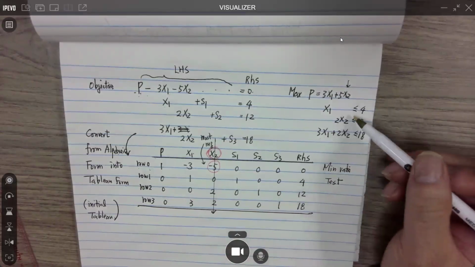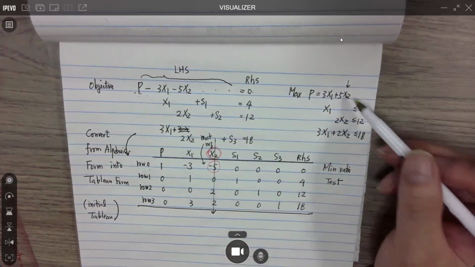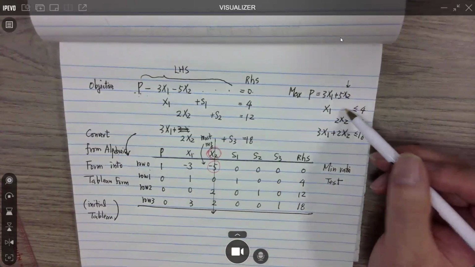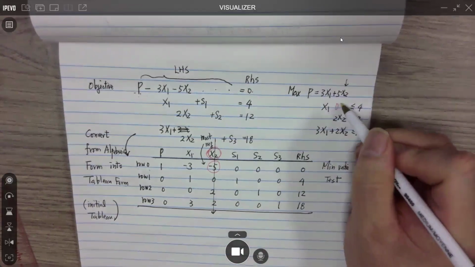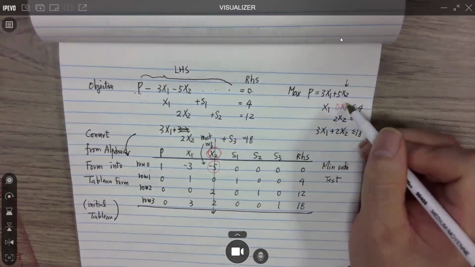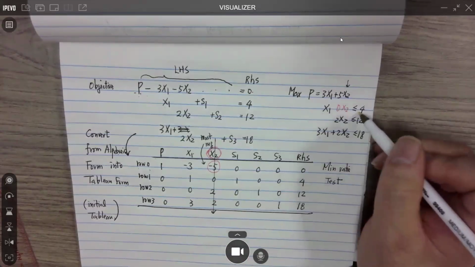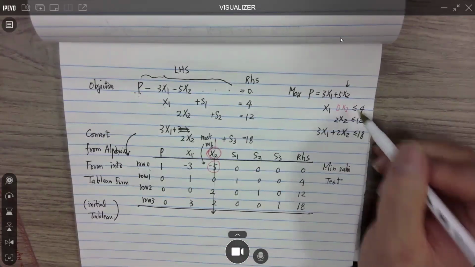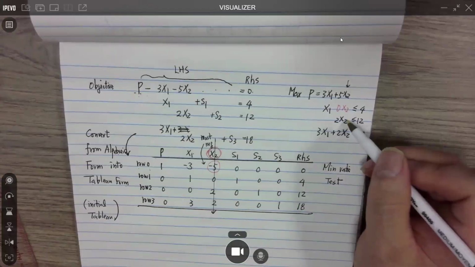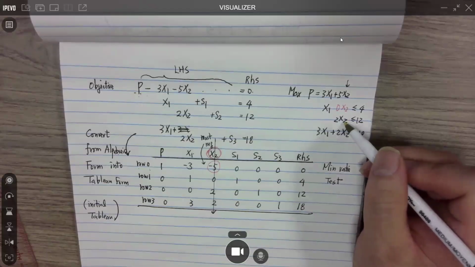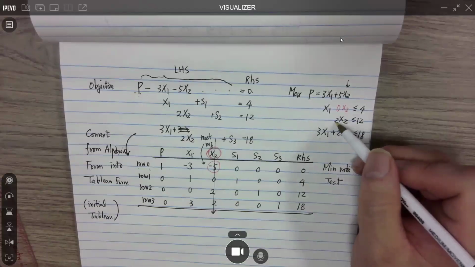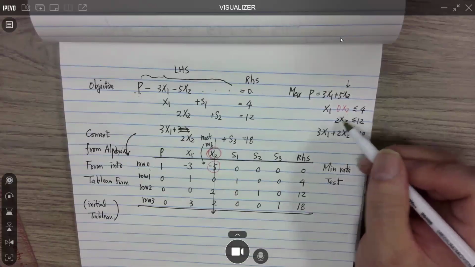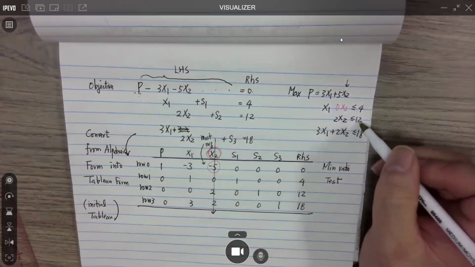If I increase x2, from constraint 1 it doesn't matter. No matter how I increase x2, because the coefficient is 0, this constraint will never be violated. But look at the second one: I can at most increase from 0 to 6. 6 times 2 is still 12, but increase to 7, this constraint is violated.